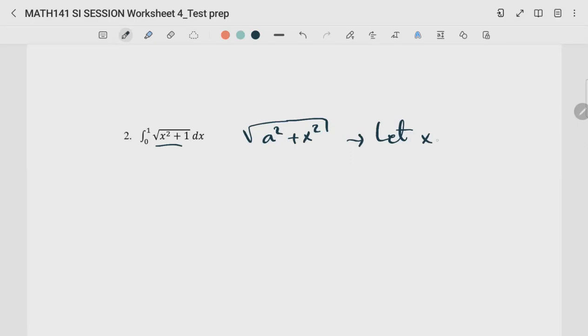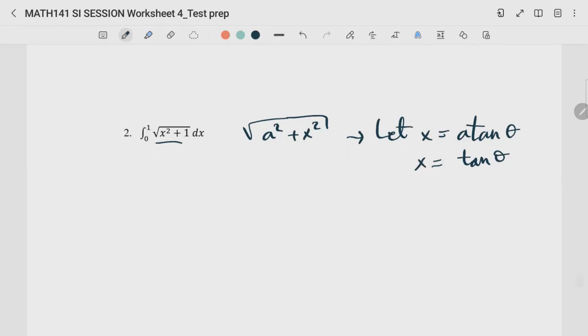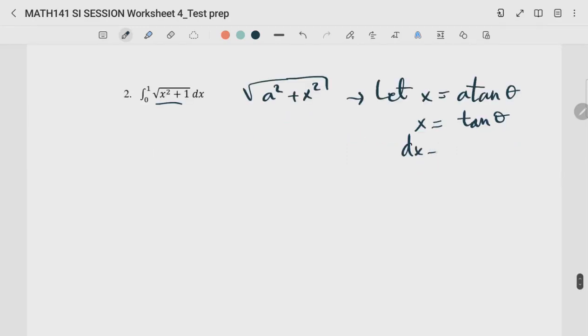A tan theta. Right, so a tan theta. And in our case, a is just 1, so x is equal to tan theta. That means that dx is equal to sec squared theta d theta. So now you have everything to keep going. So try to move on.